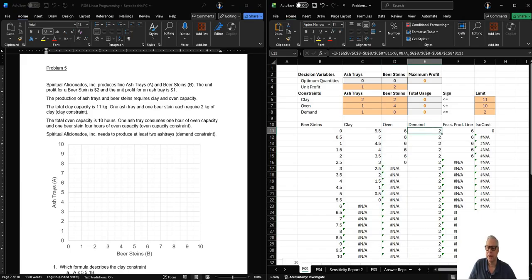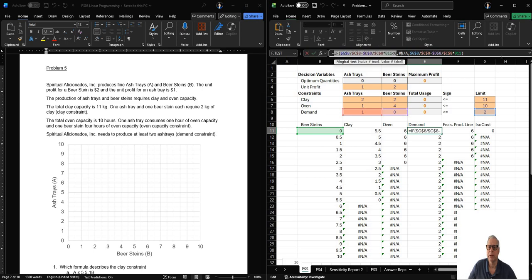Okay. And for the demand constraint, we have at least 2 ashtrays. So that means we need a vertical line at 2, and so that is simply equal.